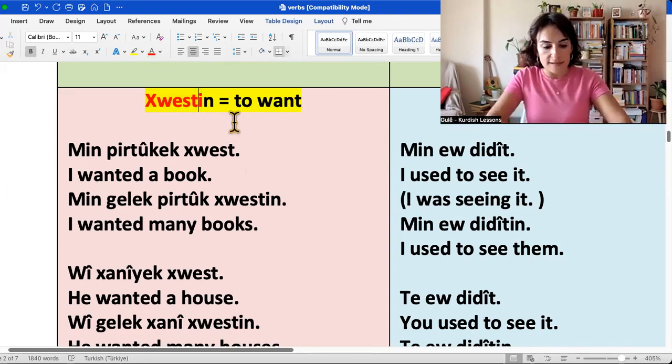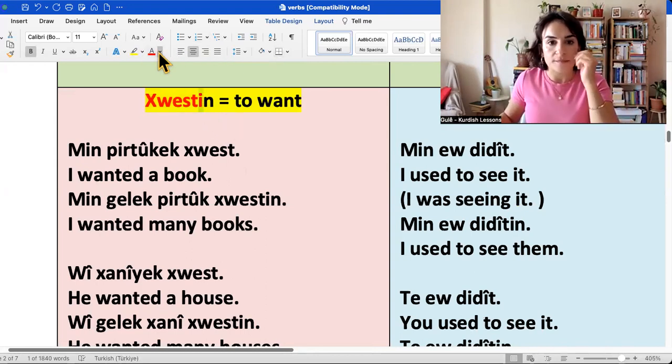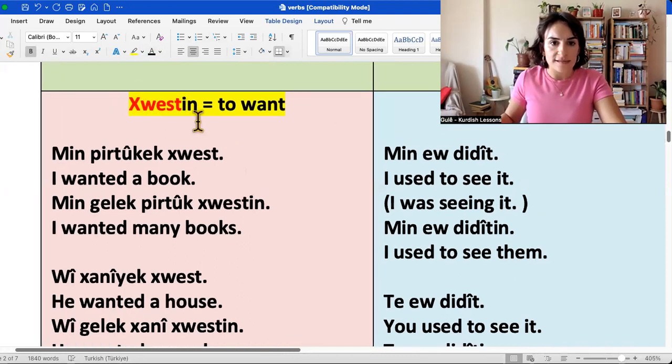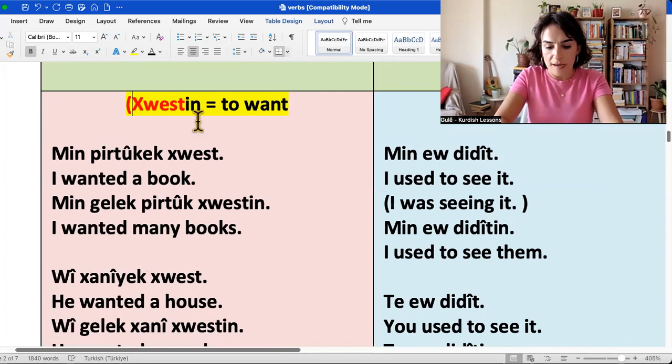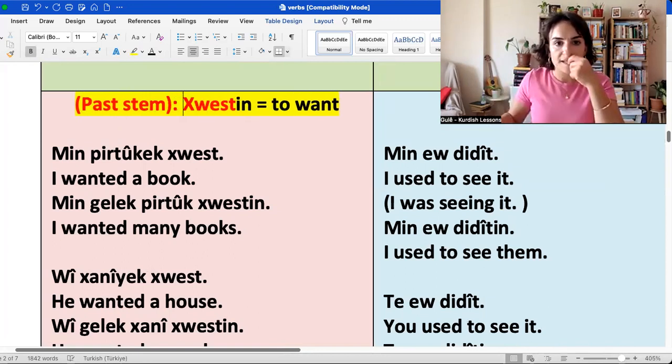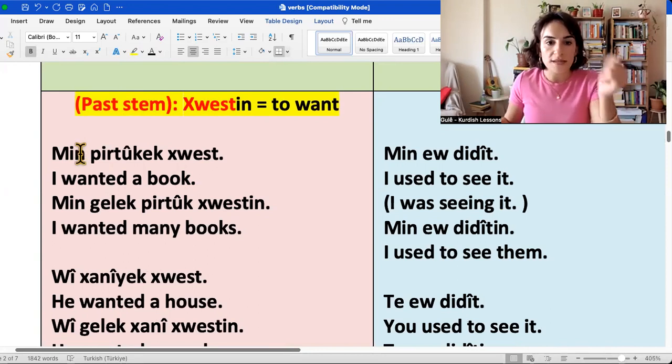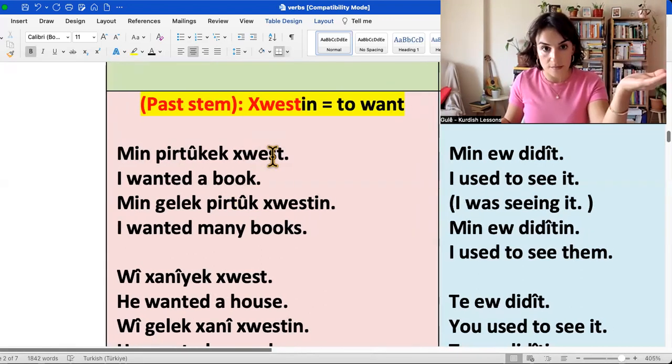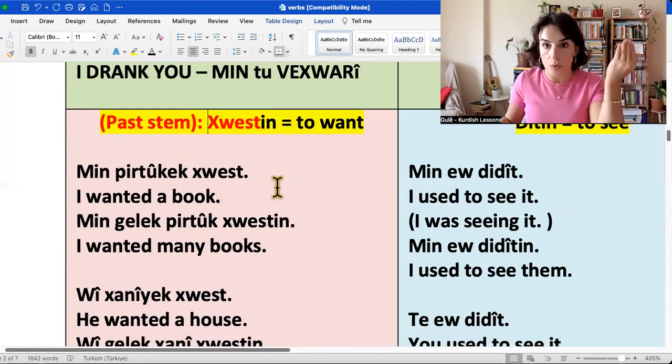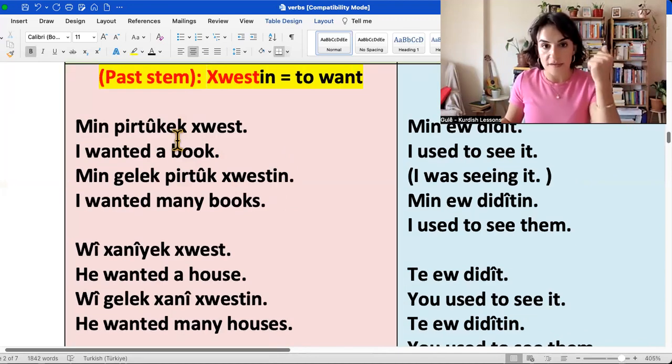I will write it this way. All past stem. It's host. So min pertukak host. I wanted a book. So as I said before, our object is third person singular.